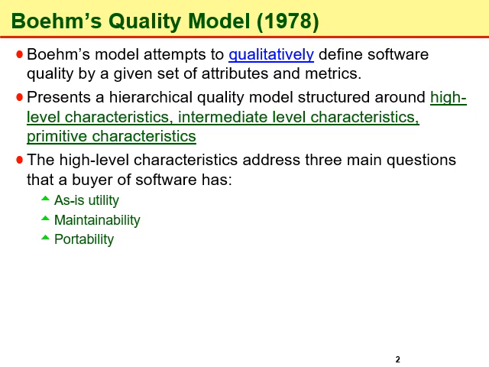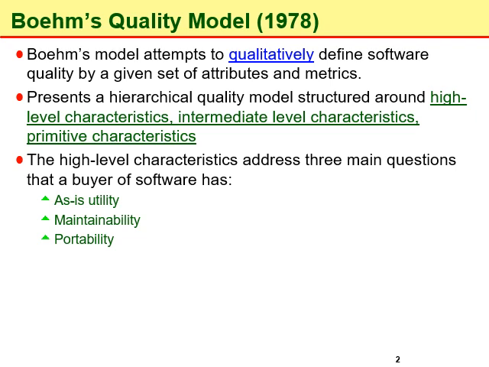Well, the high-level characteristics represent high-level requirements of actual use to which evaluation of software quality could be put. The high-level characteristics address three main questions that a buyer of the software has, and these questions are related to as-is utility.